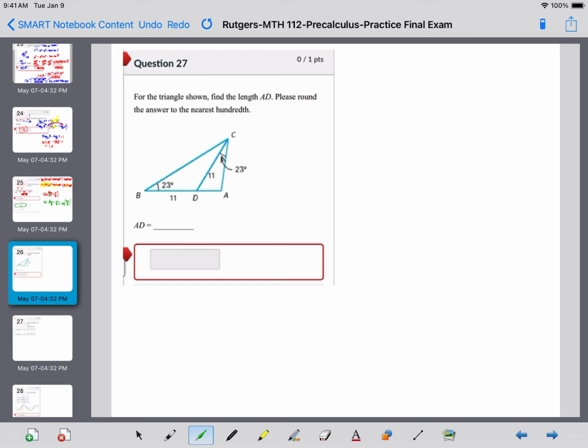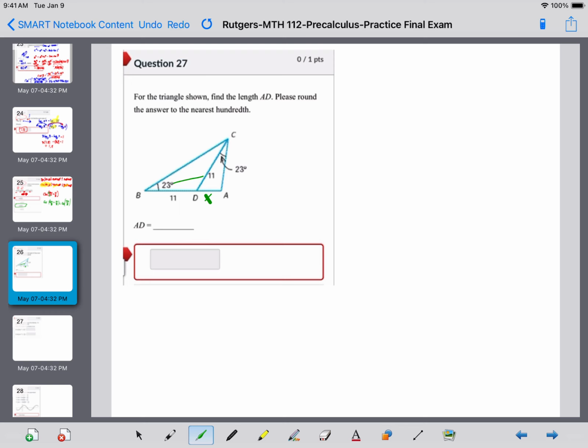27. For the triangle, find the length AD. So you want to find this. So we have 23. Okay, you have 23 and 11.